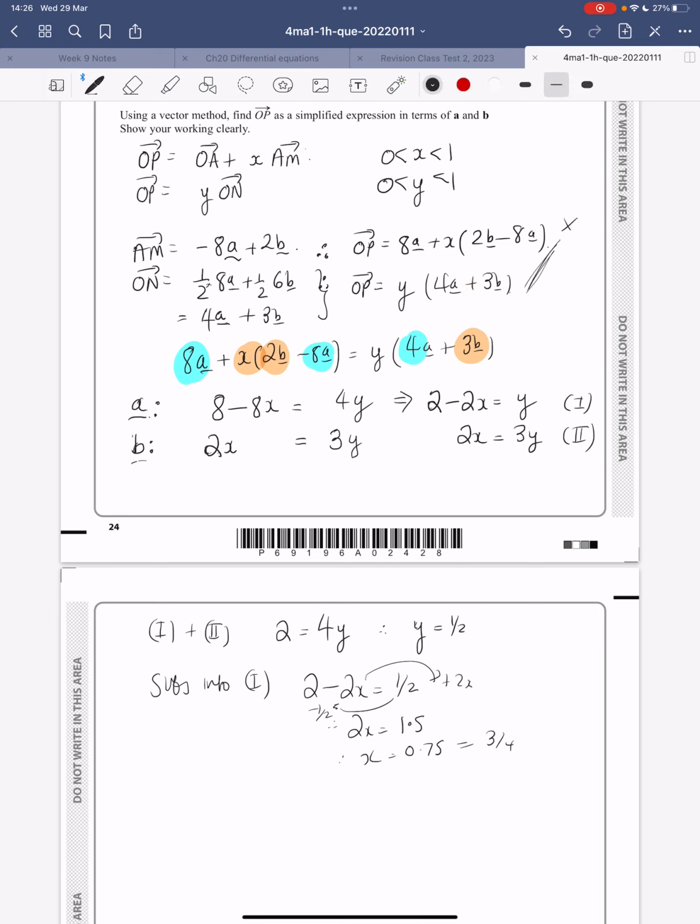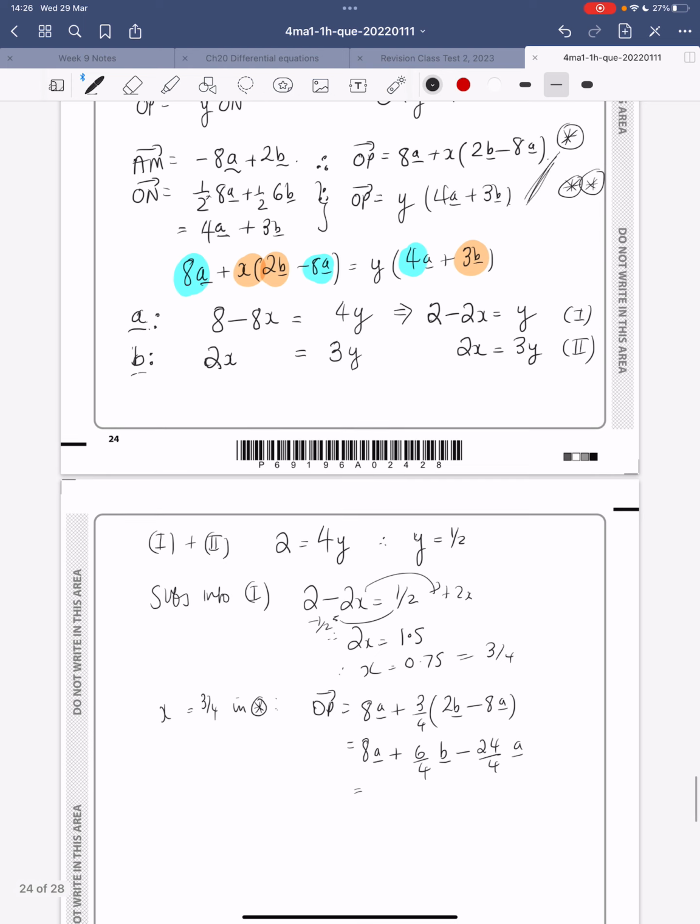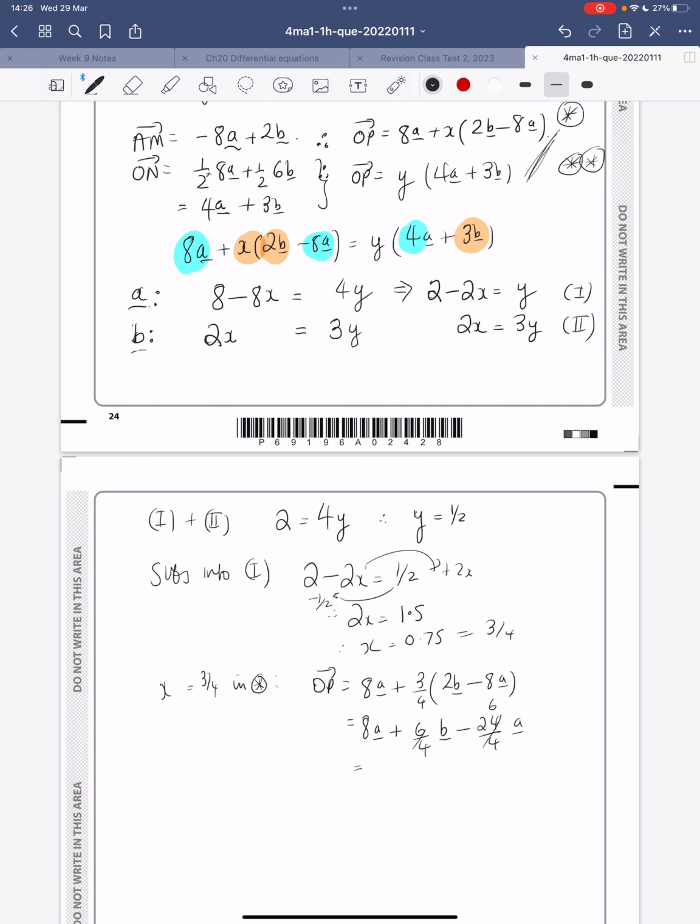So if we call this star, call this one double star, x equals 3/4 in star gives us O to P is 8A plus 3/4 of 2B minus 8A, which is 8A plus 6 over 4 B minus 24 over 4 A, and that's equal to 2A plus 1.5B.